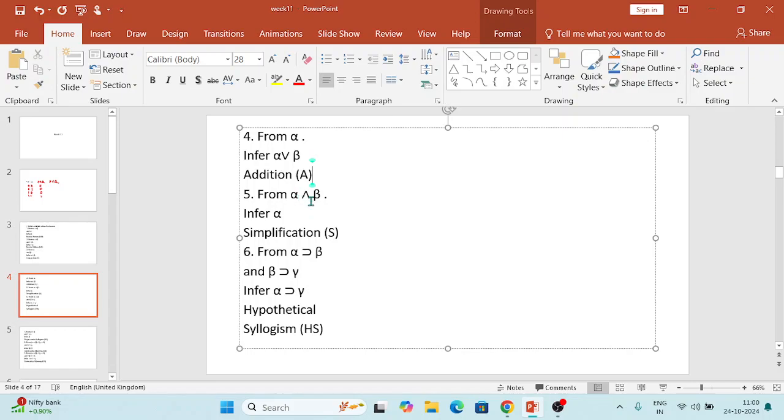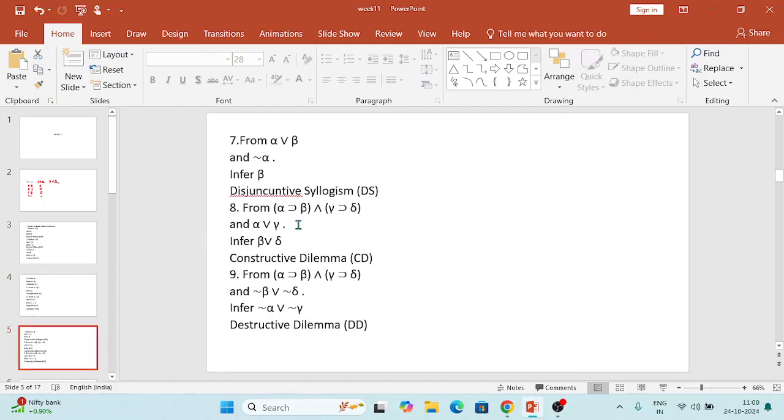Then if we have alpha and beta, then we can infer alpha and we can infer beta. Okay, this is called simplification. If alpha implies beta and beta implies gamma, then we can write alpha implies gamma. This is called hypothetical syllogism. Okay, and one more: alpha or beta, not alpha, then beta.